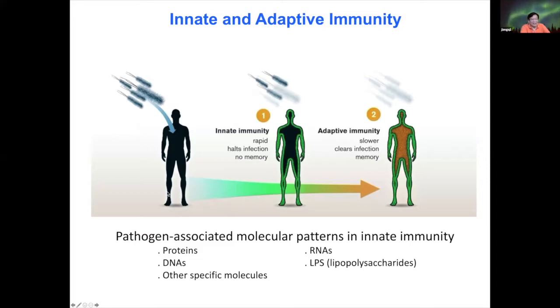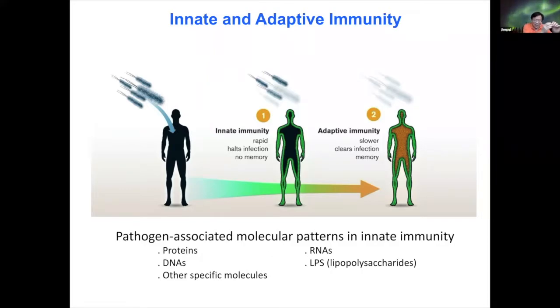So innate immunity means that a lot of the cells in our body have the capability to detect non-self molecular pathogens. For example, the S protein on the surface of the SARS-CoV-2, which is the spike protein on the surface.